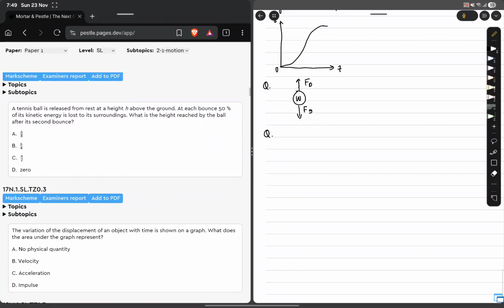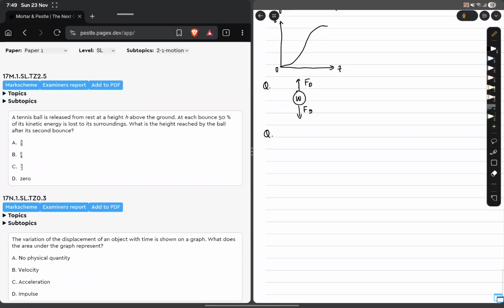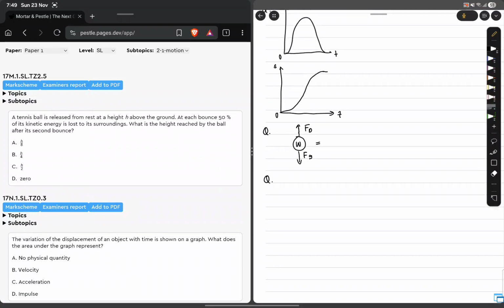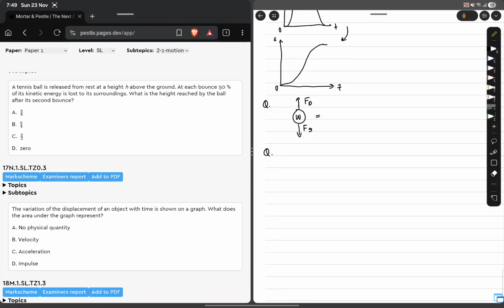Alright. So the next question is, a tennis ball is released from rest at a height h above the ground. Okay, so this is the tennis ball, and this is the height h.